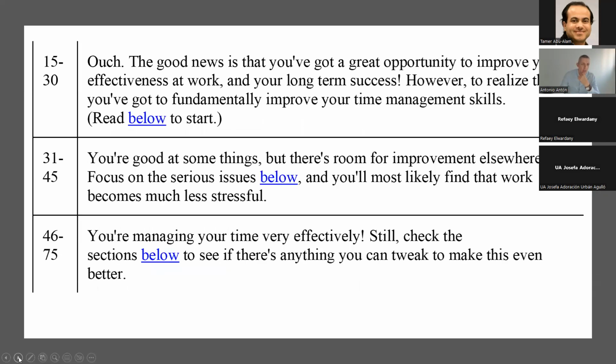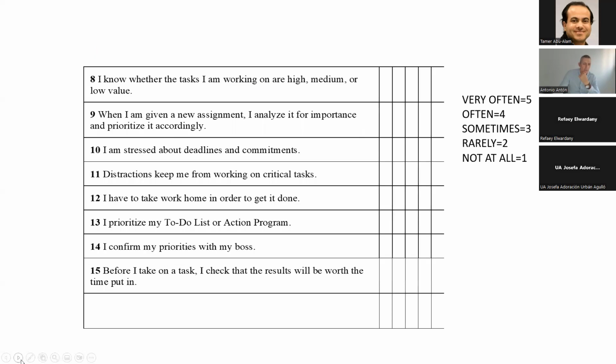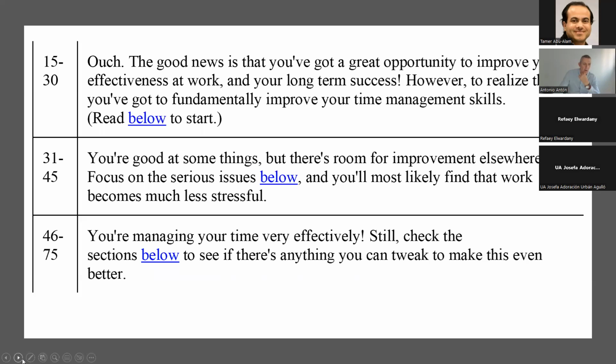So the solution is here. If you are over 65, remember that the maximum is 5, it is very good. If you are over 75, you manage your time very well.